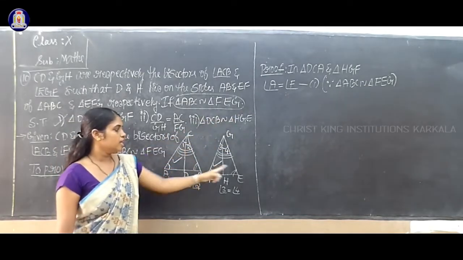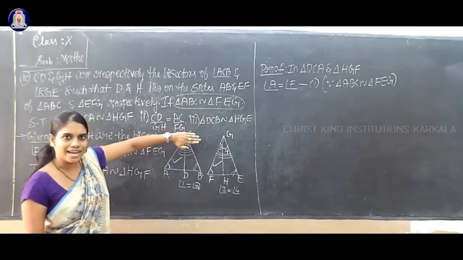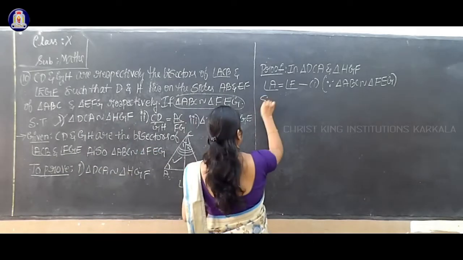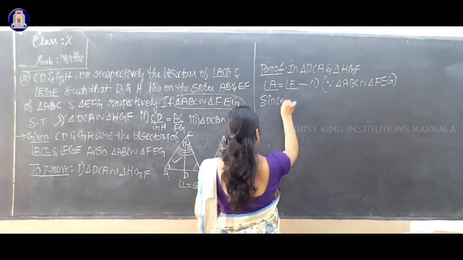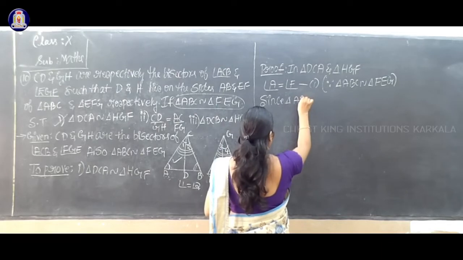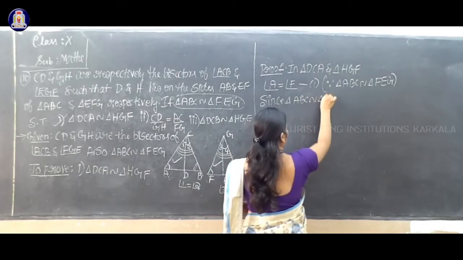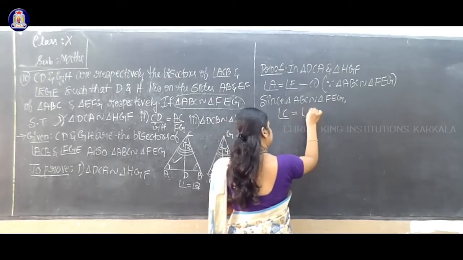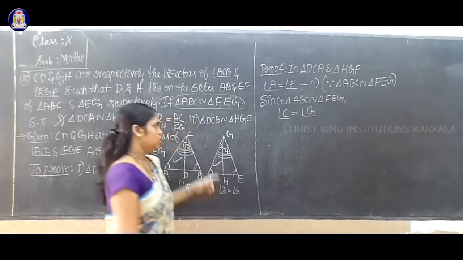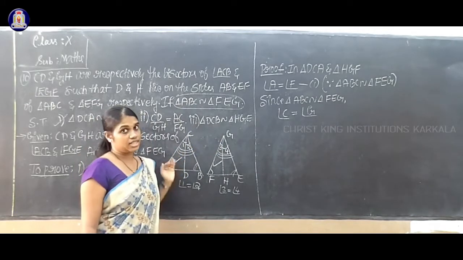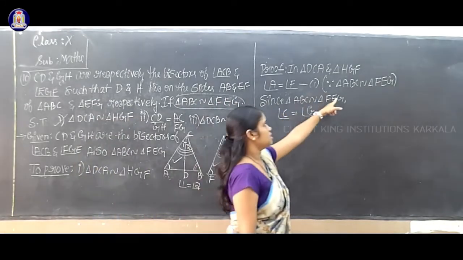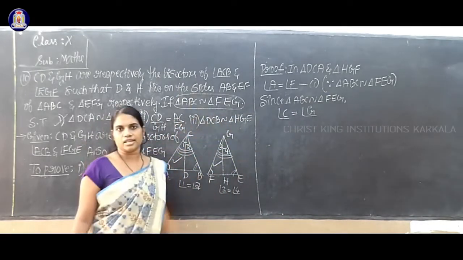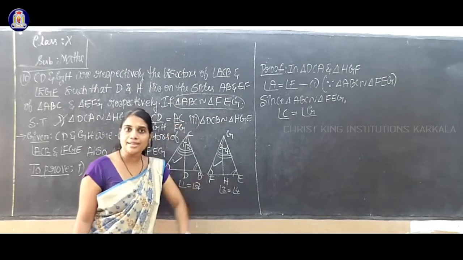Since triangle ABC is similar to triangle FEG, I can say that angle C is equal to angle G. This full angle C is equal to full angle G, because these two are corresponding angles here, right?